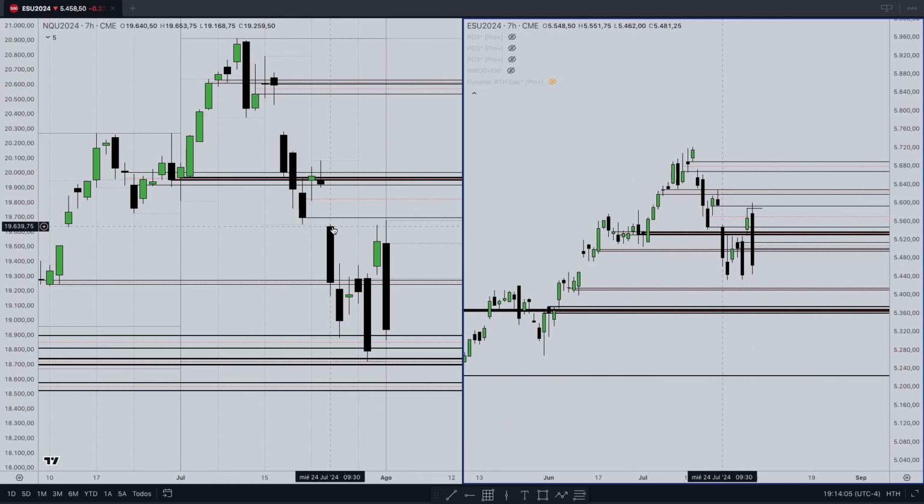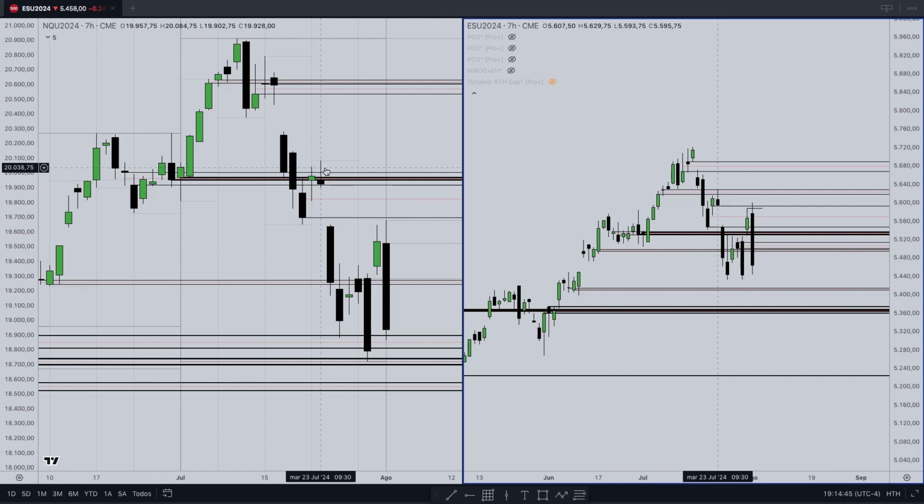And look, this is, how can I say, a different kind of SMT. I really don't know how to say it, because this is a divergence between these two assets, but it's not on highs and lows, because ICT was saying that when you have these failure swings, you are creating a divergence, a smart money tool, this SMT.